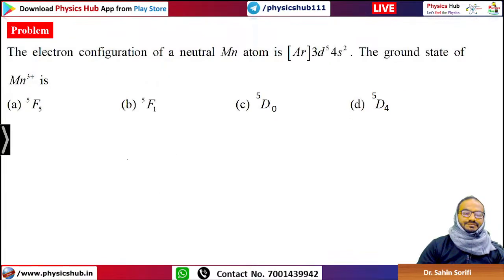Do this one. The electron configuration of neutral manganese atom is this. The ground state for Mn3+.